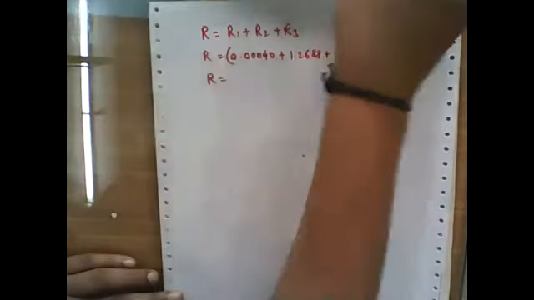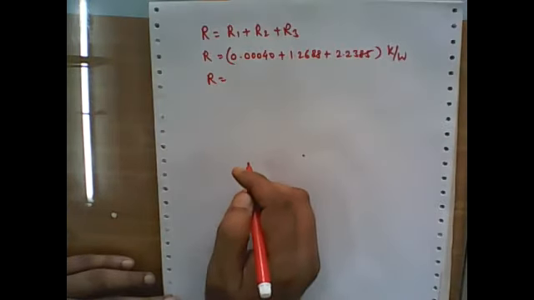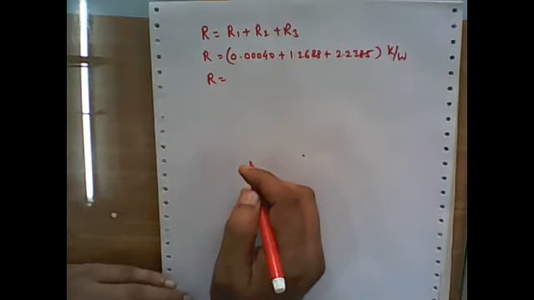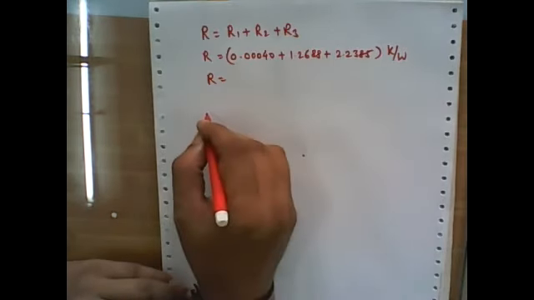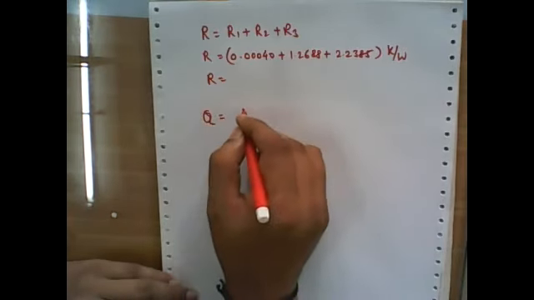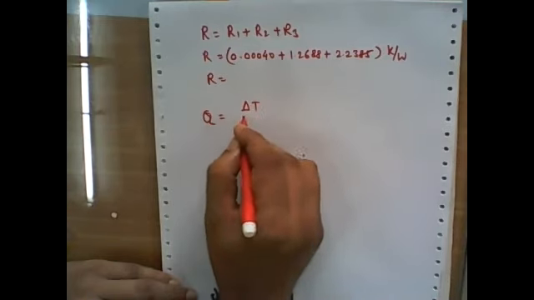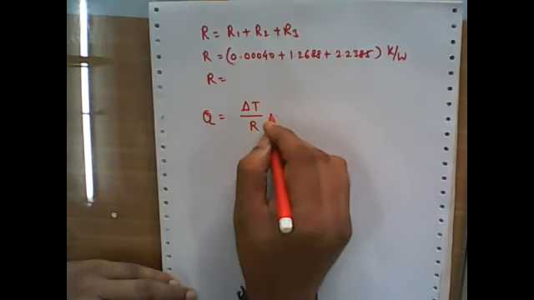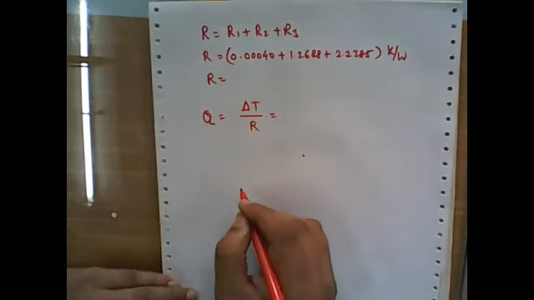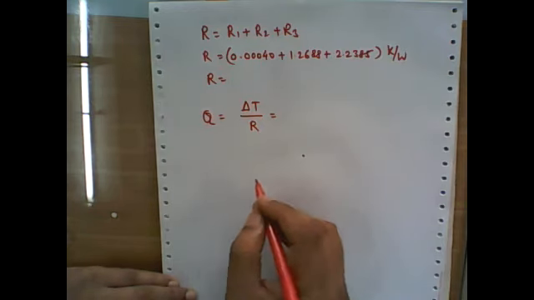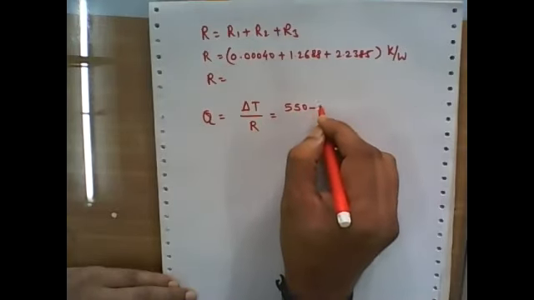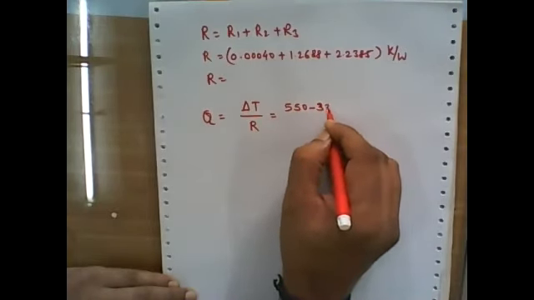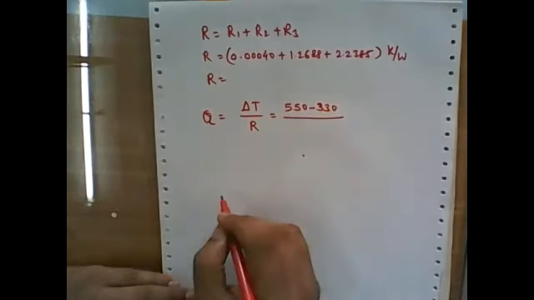So the final value of R can be calculated, and on the basis of this value you can calculate the value of Q, that is delta T upon R. Delta T is the overall temperature drop. In the numerical it is given that the temperatures are 550 and 330, right?